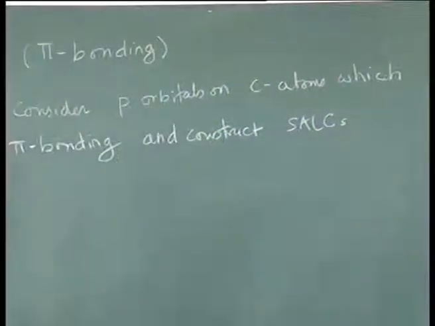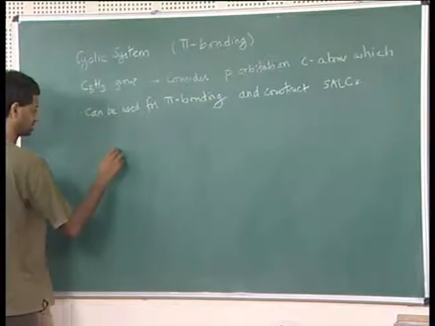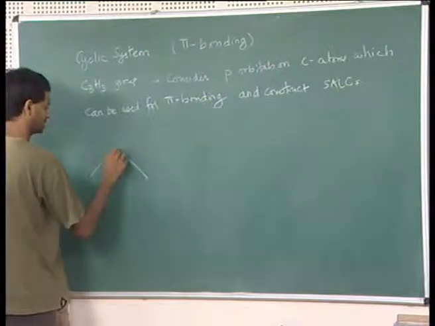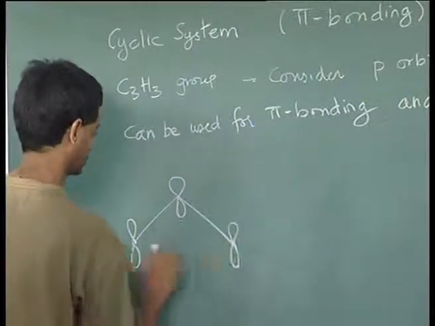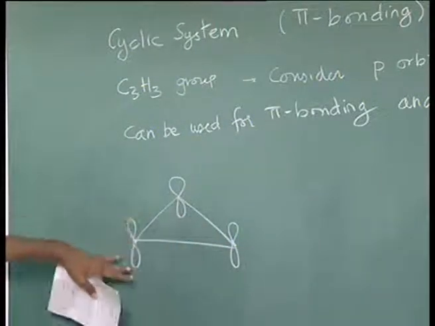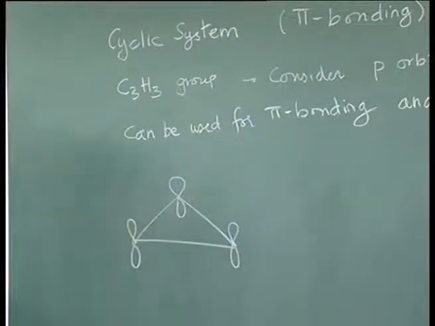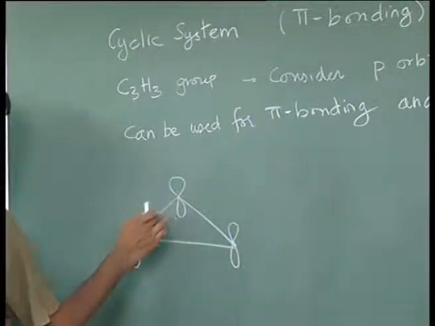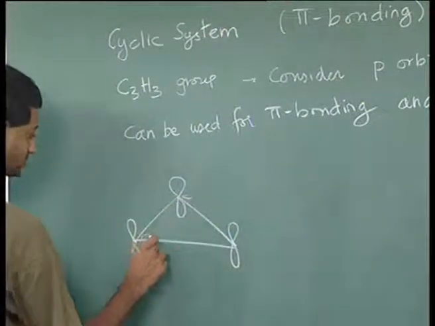This group has 3 carbon atoms, and the carbon atoms have these p orbitals. So this is a planar CH3 group, and the three p orbitals that are used for pi bonding lie perpendicular to the plane of these 3 carbon atoms.